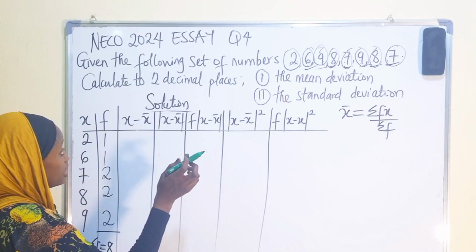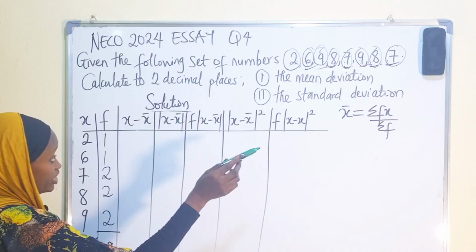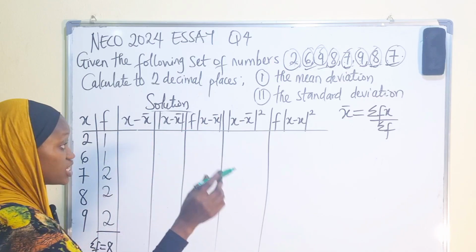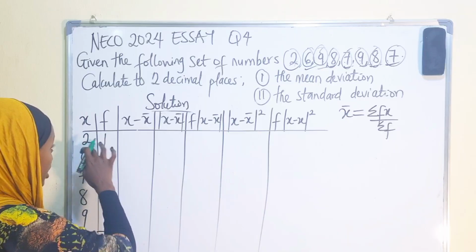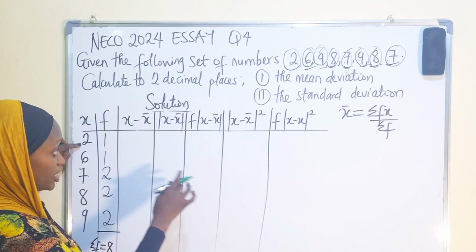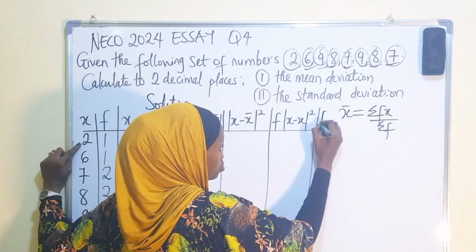For us to get the mean, we need to get the summation of f of x. What f of x means is the frequency multiplied by the value of x. That column is missing, so we can do that here.